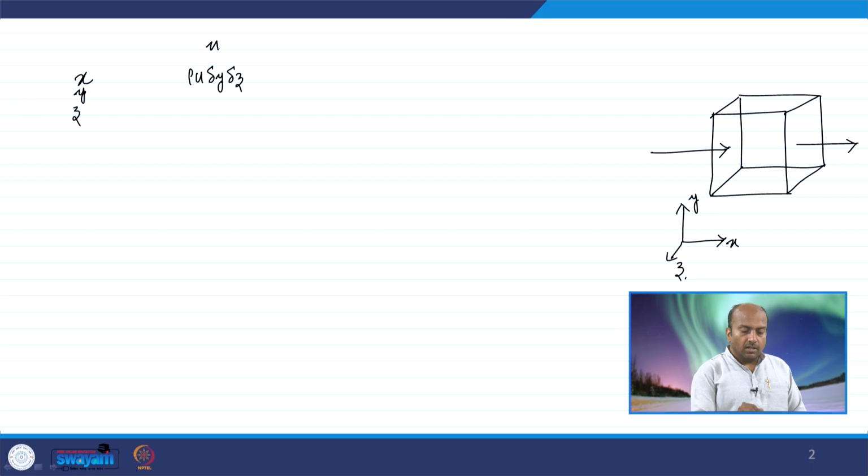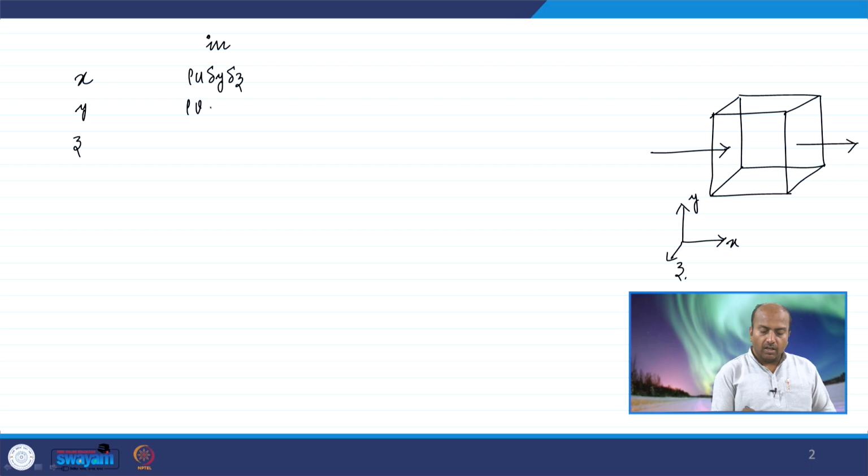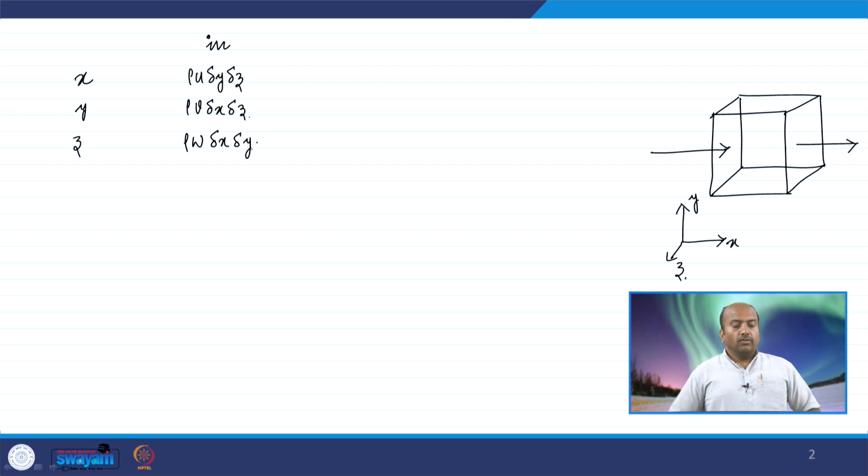We will write its equivalents along the y direction as well as along the z direction. So, along the y direction, it simply becomes rho v delta x delta z, and along the z direction, it becomes rho w delta x delta y. Right. So, rho is the density of the fluid, u, v, and w are the velocities of the fluid along x, y, and z direction.